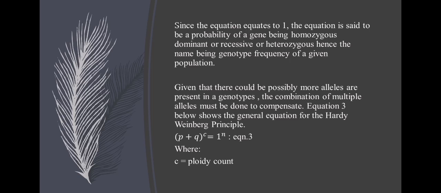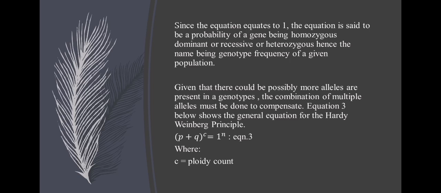Given that there could possibly be more alleles present in a genotype, the combination of multiple alleles must be done to compensate. Equation 3 below shows the general equation for the Hardy-Weinberg principle. Sometimes, there are certain alleles that manifest more than just two.